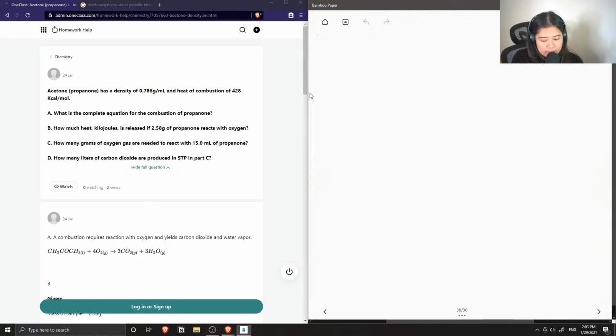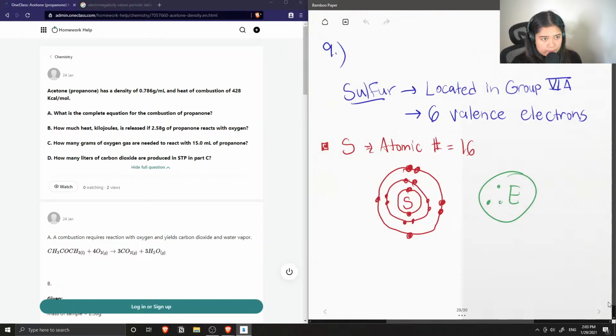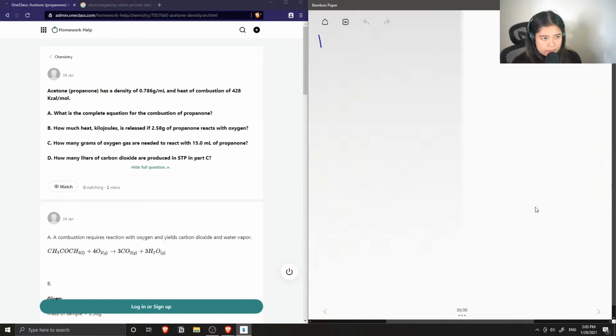Okay, so let's start off. I believe this is question 10. So 10A is to first write the complete equation for the combustion of propanone. So propanone is a 3-membered carbon chain that contains a ketone group.